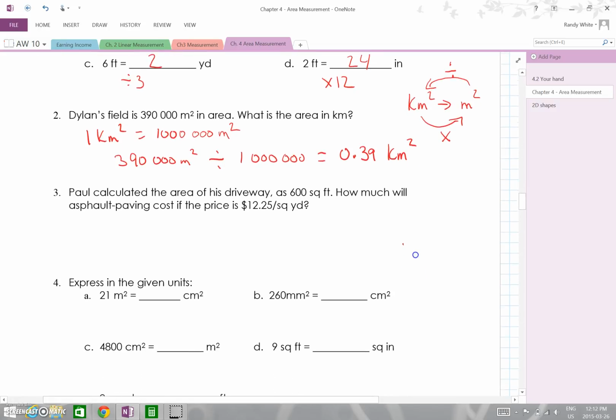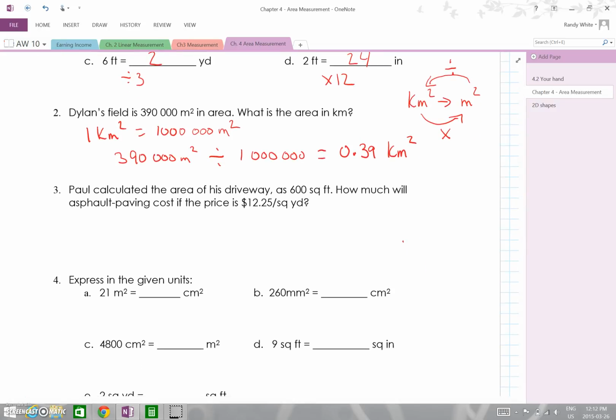All right, let's take a look at another one. So Paul calculated the area of his driveway as 600 square feet. How much will asphalt pavement cost if the price is $12.25 per square yard? So I need to convert 600 square feet to square yards. Okay, so this time I'm going to look on my chart, imperial units, and 1 square yard equals 9 square feet.